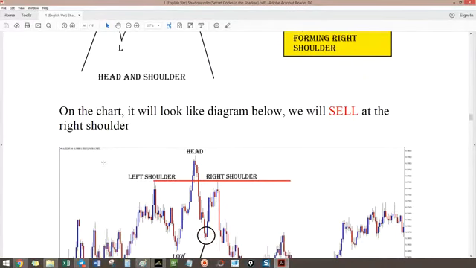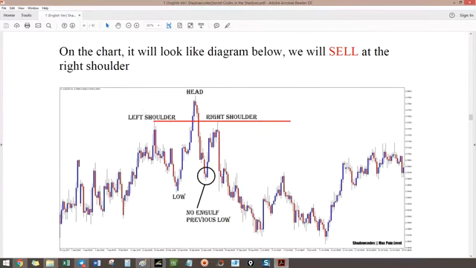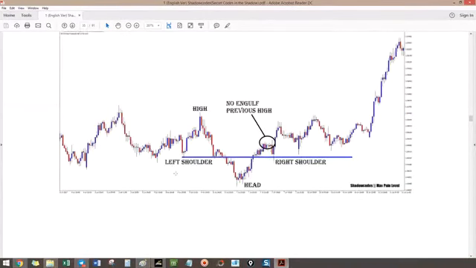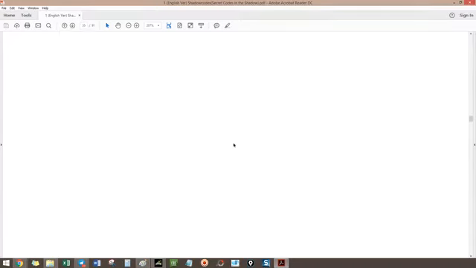We will sell at the right shoulder. So this is the left shoulder, and this is the head, and we sell at the right shoulder. Okay, so there is no engulf of previous low. All right, so for buy, also like this, we have a left shoulder, a head, and a right shoulder. Okay, so no engulf of previous high for buy setup, right?